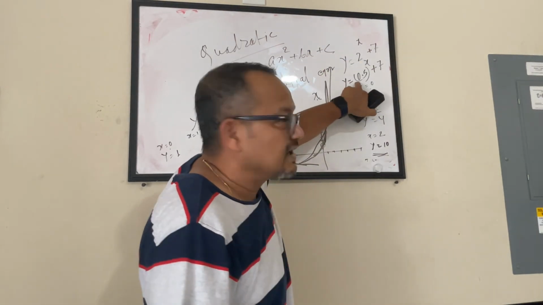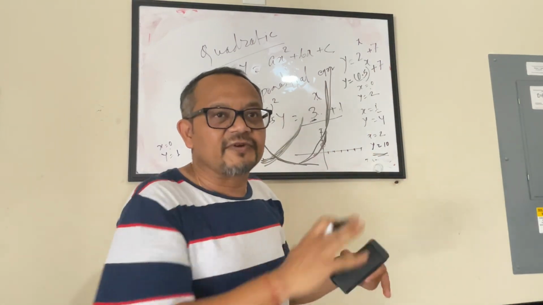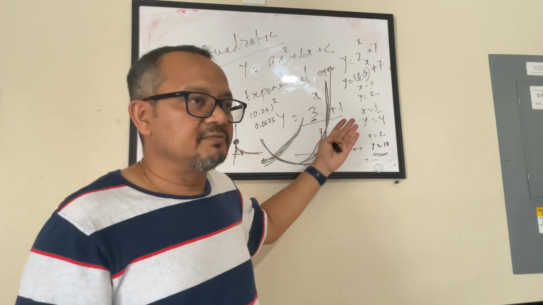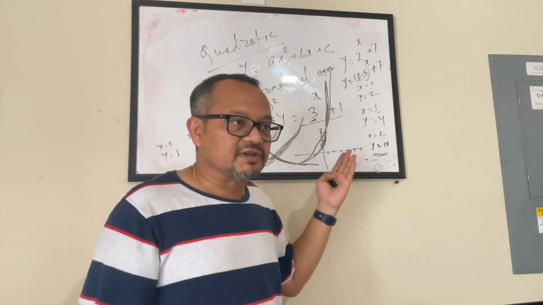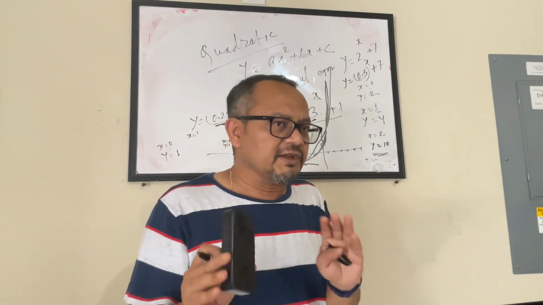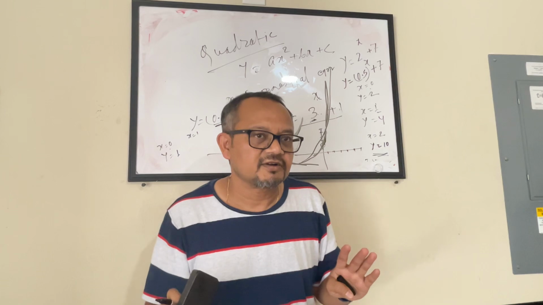Here the base is less than 1, so it will be a decreasing slope. That will be the inference that you will draw from exponential equations so far.